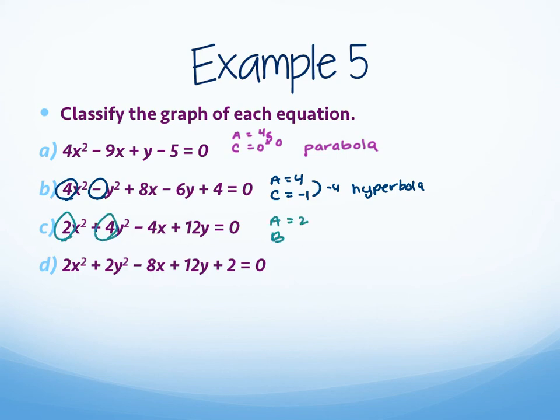C is 4. Multiply those together, it's 8. That means it's positive, which means this is an ellipse. Looking at d, a is 2. C, sorry, this should have been a c. C is 2. They are the same, which means this is a circle.